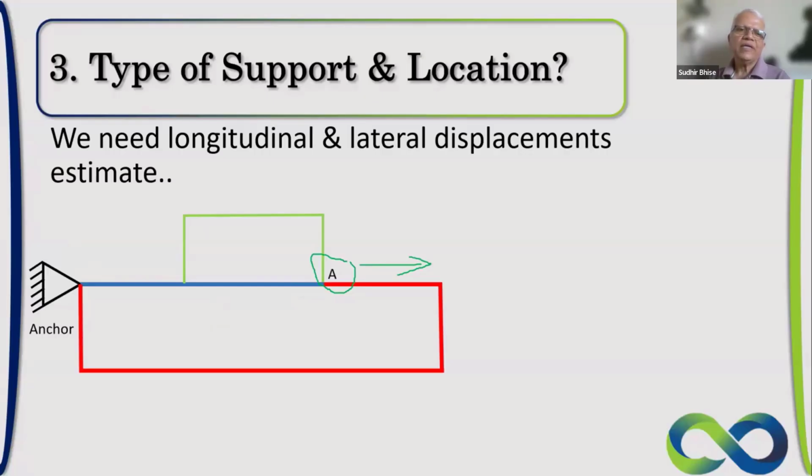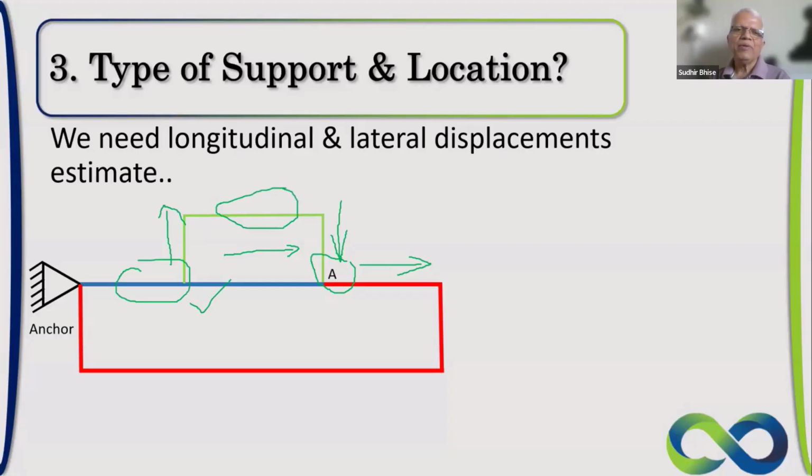Let me just clarify again. The expansion of this leg in this direction is going to be compensated by the expansion of this leg in this direction, and the expansion of the leg in this direction is going to be either the total blue length or the partial blue length and partial green length, which totals the total blue length.